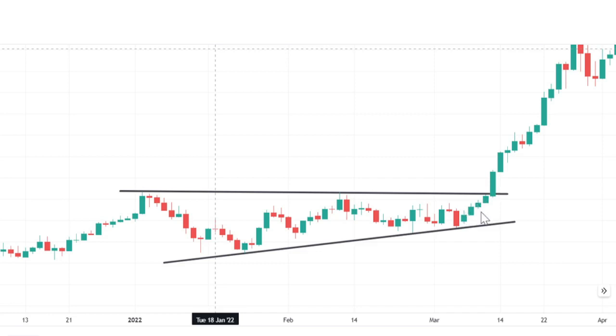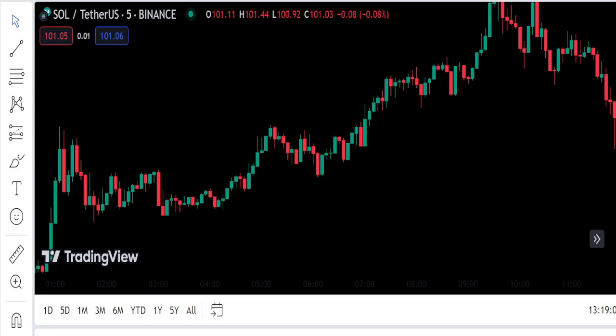and 5 cents below. So once again, we should look at a live example so that we can better understand an ascending triangle. Once again, here is a chart where we can spot our ascending triangle.